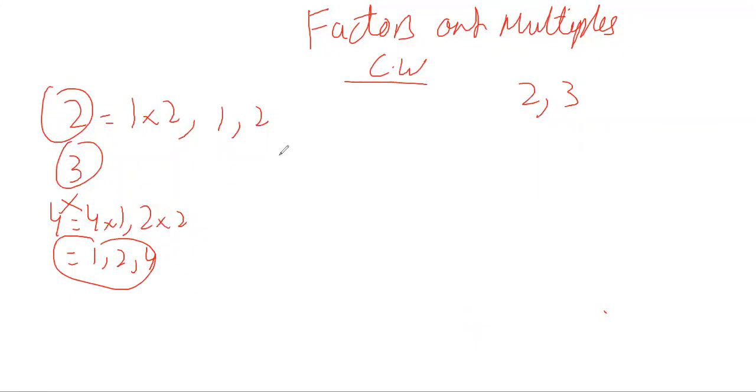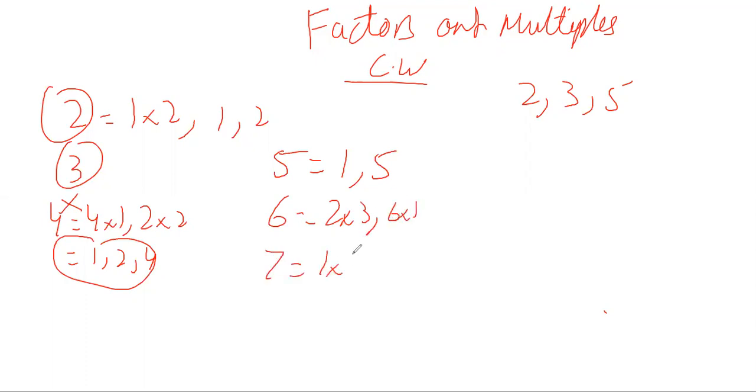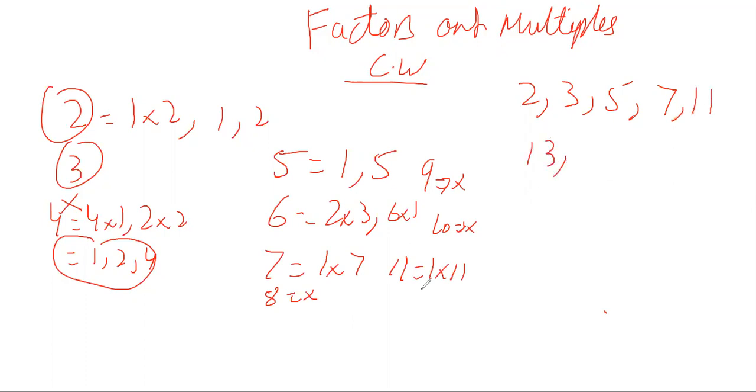What about 5? 1 and 5. There are no other factors. So 5 is a prime number. 6 is not a prime number because 2 into 3 is 6 and 6 into 1 is 6. 7 is a prime number, 1 into 7. 8 is not a prime number because 8 can be done in the table of 2. 9 is not a prime number. 10 is not a prime number. 11 is a prime number, 1 into 11 is 11. 13 is a prime number. 15 is not a prime number.